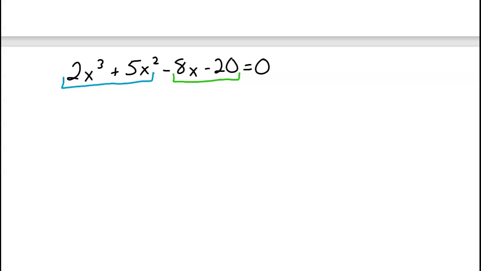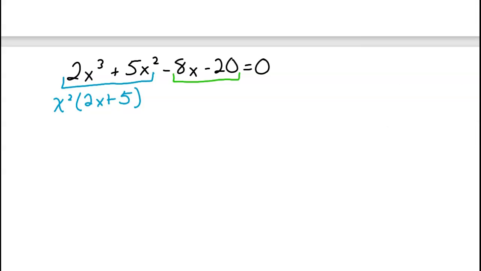There's not a number that I can factor out, but I can factor out a variable, an x squared. If I take out an x squared from both terms, I'd be left with a 2x in my first term, and a positive 5 in my second term.